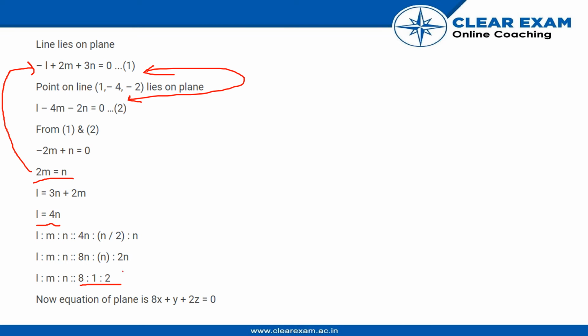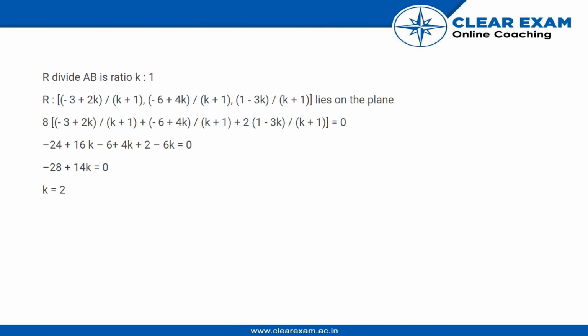So this is the general direction ratio, and we will consider that and get the plane equation as 8x + y + 2z = 0. Once we have the plane equation, we know the ratio is k : 1, and as per the diagram, A is below and B is above.